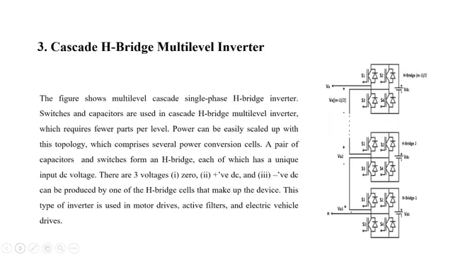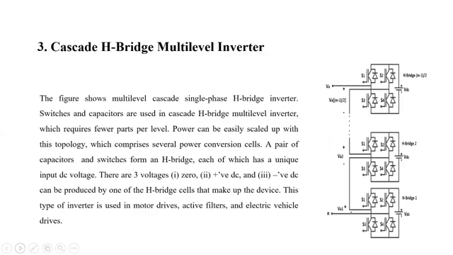Third one is the cascade H-bridge multi-level inverter. The figure shows the multi-level cascade single-phase H-bridge inverter. Switches and capacitors are used in the cascade H-bridge multi-level inverter, which requires fewer parts per level. Power can be easily scaled up with this topology, which comprises several power conversion cells.